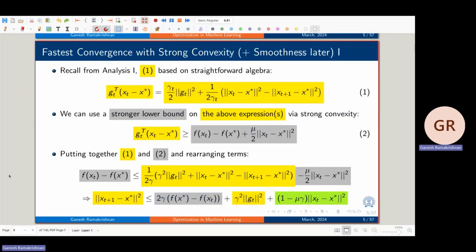What will you do on that? Can I do any telescopic summing anywhere? Sum across all values? Minimize with respect to gamma, okay. But any other ideas? So one is telescopic summing, one is minimize with respect to gamma.